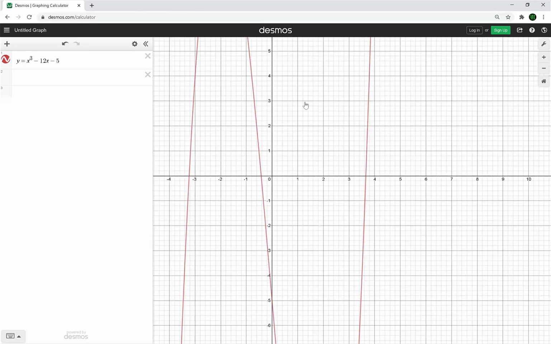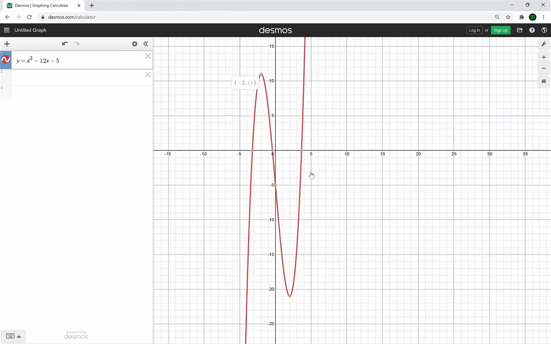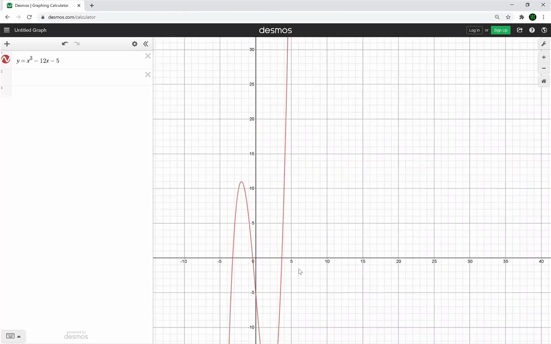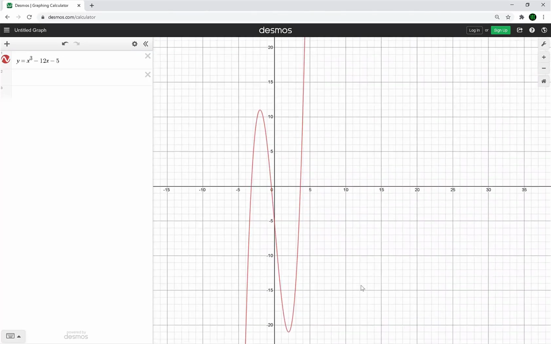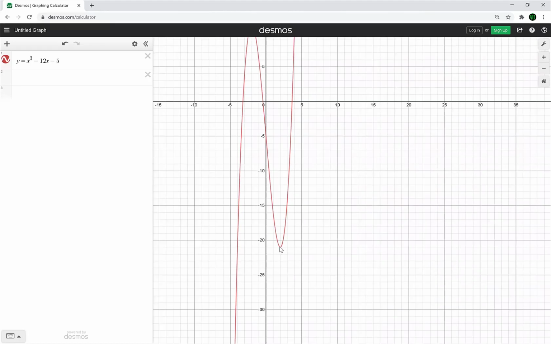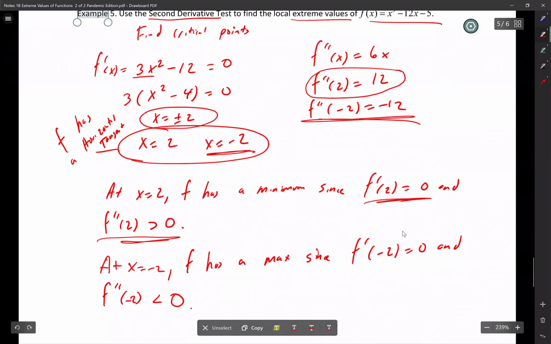And notice that at 2, there I am down here. At 2, you're concave up and you definitely have a min. It works, right? Very cool. And that is the second derivative test, guys.